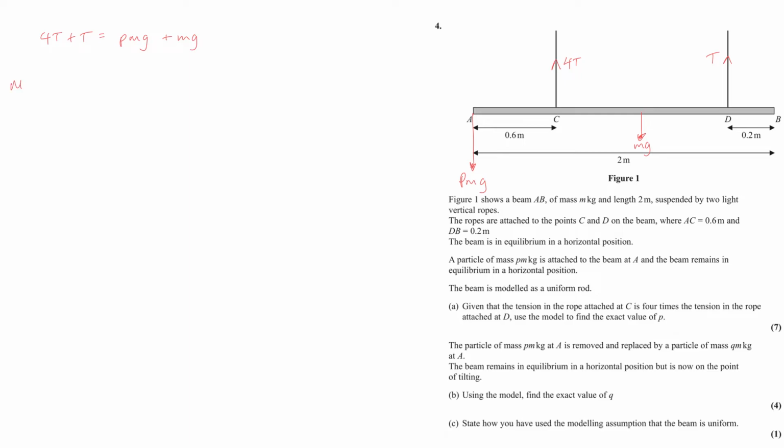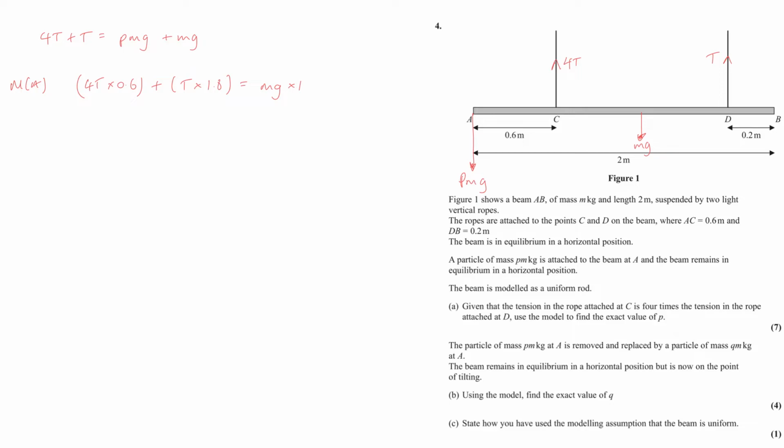And then taking moments about A, the ones going anti-clockwise would be 4T times 0.6 plus T times, what's that, that's 0.2 at the end, so 1.8. And going in the opposite direction is mg times 1.